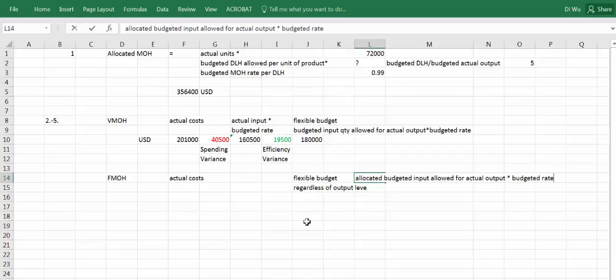You can see that it's very tricky here. The definition for the flexible budget in the fixed manufacturing overhead is very different from the definition of the flexible budget used for variable manufacturing overhead. And we don't actually have a name for the formula which we used for the variable manufacturing overhead flexible budget. So it's very tricky here.